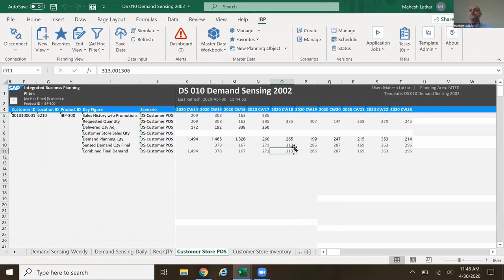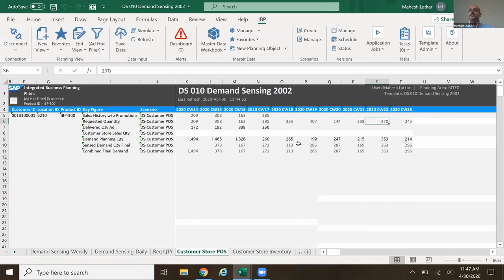If you look at these numbers, this is your demand planning quantity, which is in weekly buckets coming from demand planning, and this is your final sense demand. If you look at this, there is a big difference. These are on the lower side and it's very high in this week. If you look at this, 199 versus 286, it is picking up the pattern and it is respecting your open sales requested quantity as well.